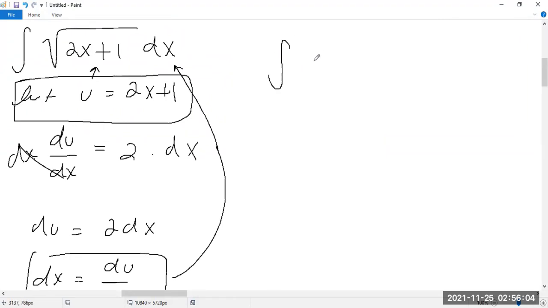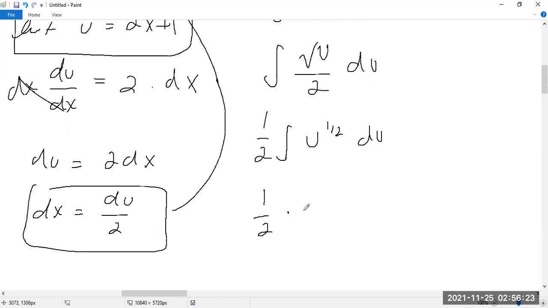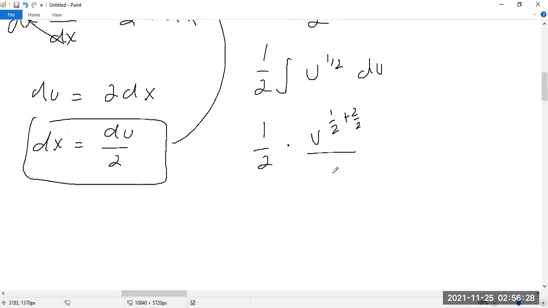So this becomes u under root u, and then du over 2, which is the square root of u over 2 du, which is 1 over 2 times the integral of u to the 1/2 du, which is 1 over 2 times u to the 1/2 plus 2/2, over 3/2, right? Because this becomes 3/2.